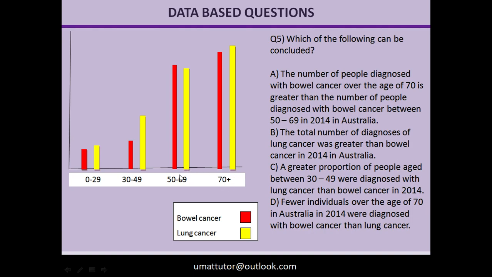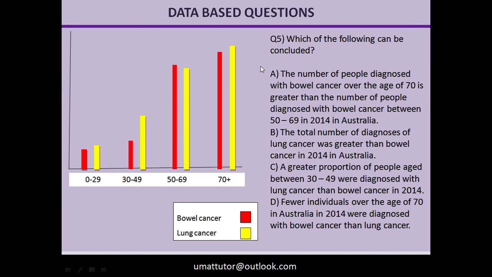The problem here is that if you remember that the vertical axis, which has disappeared, is meant to say the proportion of the population, then this question deals with the number of people. There is actually a distinction there.